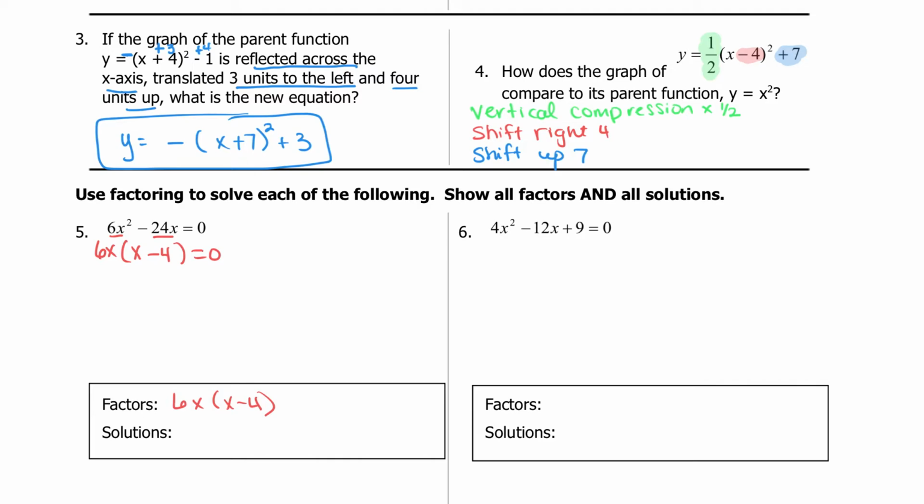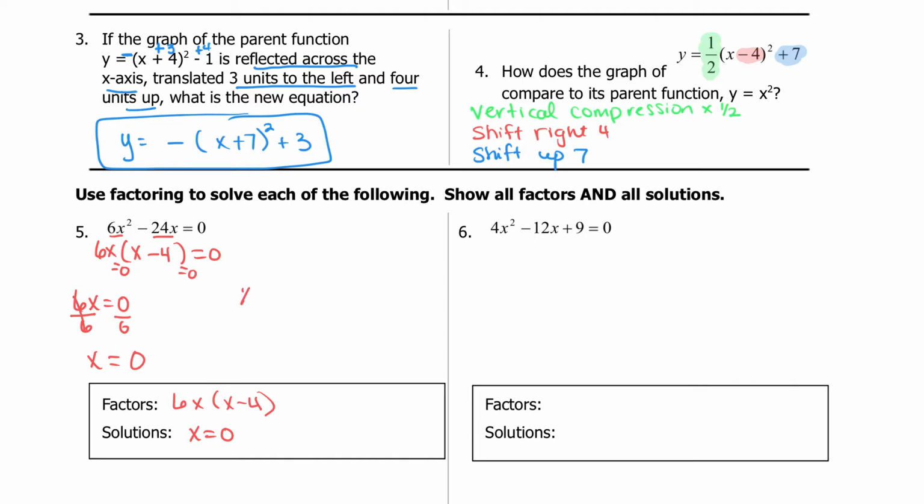But then, to get your solutions, remember you have to set each of your factors equal to 0. So I'm going to set 6x equal to 0. That means I divide both sides by 6. 0 divided by 6 is 0. So one of my solutions is x equals 0.